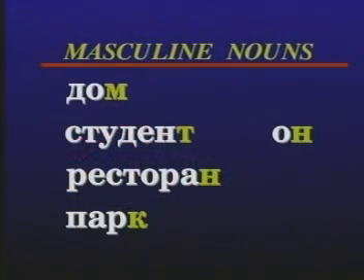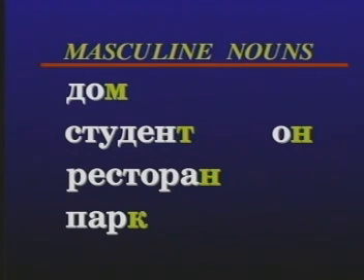So let's discuss each of these groups. We shall begin with the masculine nouns. Masculine nouns in the Russian language end in consonants. Дом, студент, ресторан, парк. Masculine nouns end in consonants.